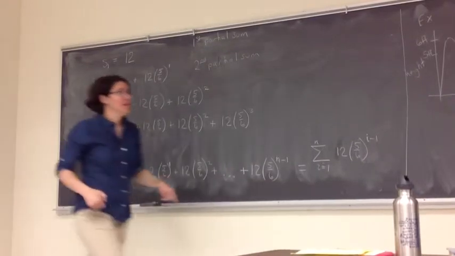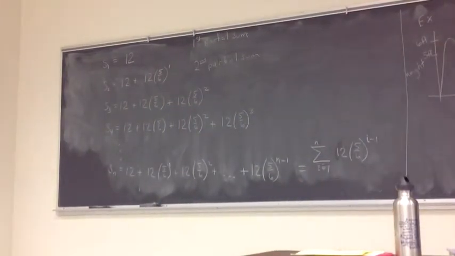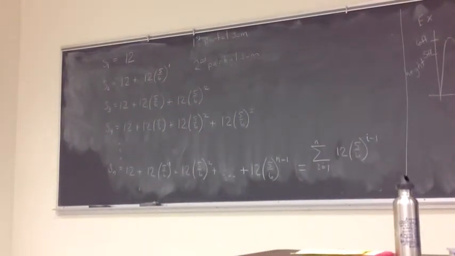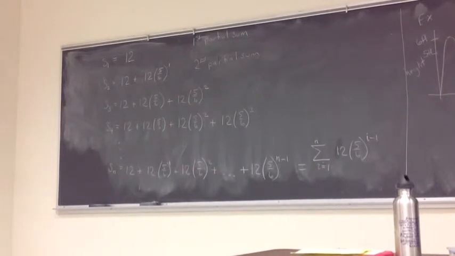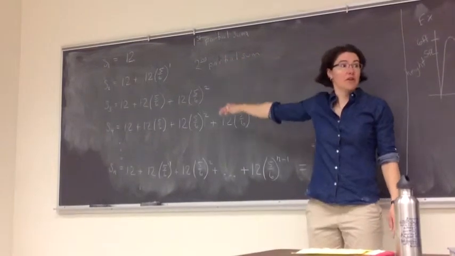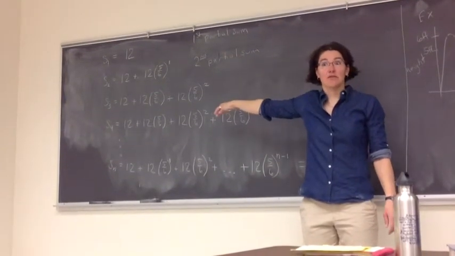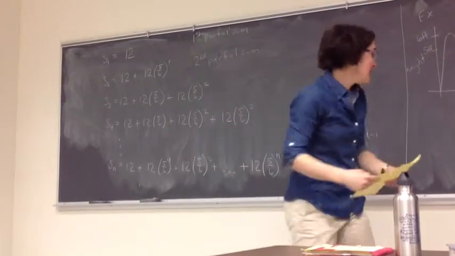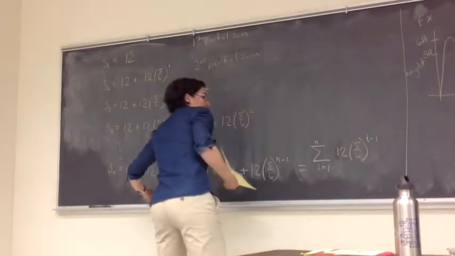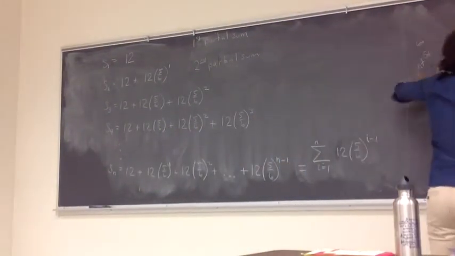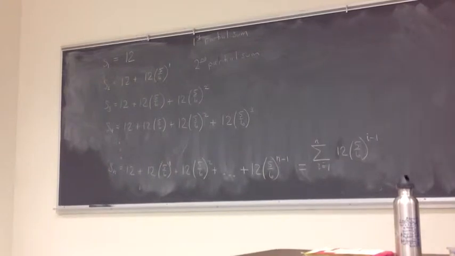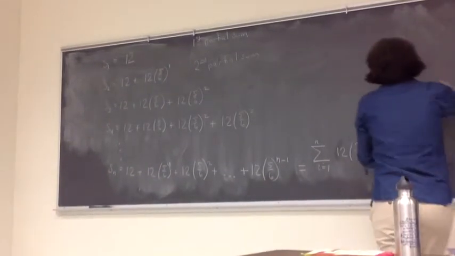So I've taken this series over here, and I'm analyzing this series by looking at a list of partial sums, a list of numbers. And so to analyze a series, what we're really analyzing is a sequence of partial sums.